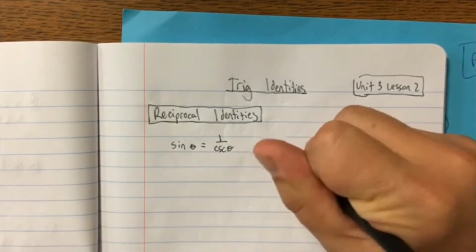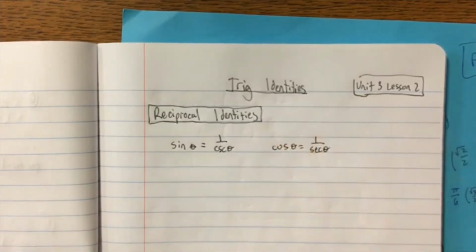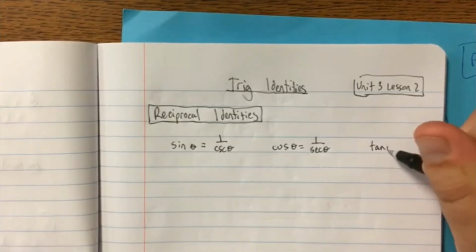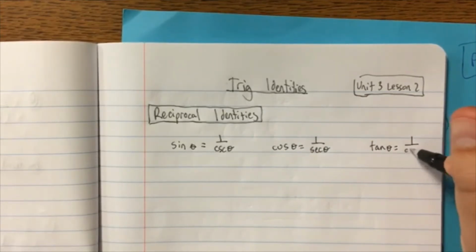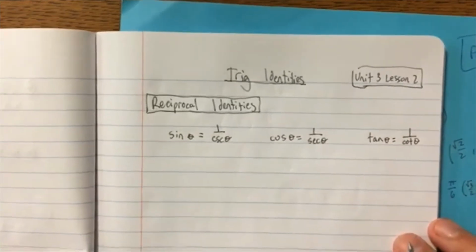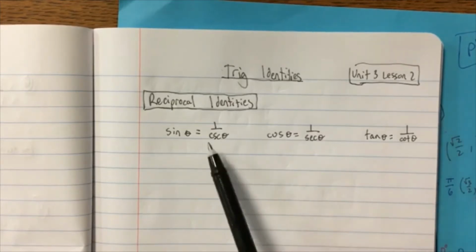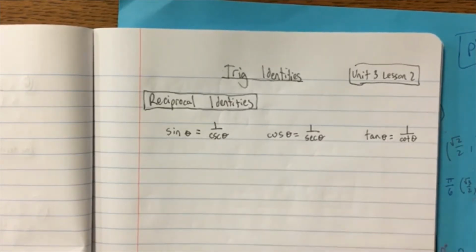Similarly, cosine theta is always equal to 1 over secant theta. Tangent theta is always equal to 1 over cotangent theta. So those are the first 3 reciprocal identities, and the other 3 are just a rearrangement of these statements.